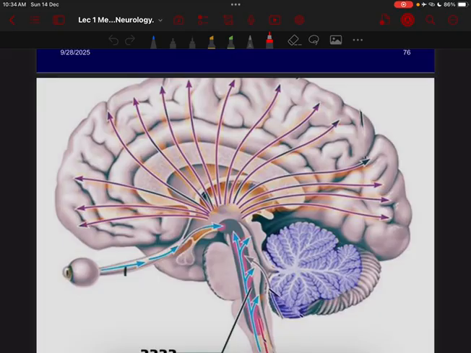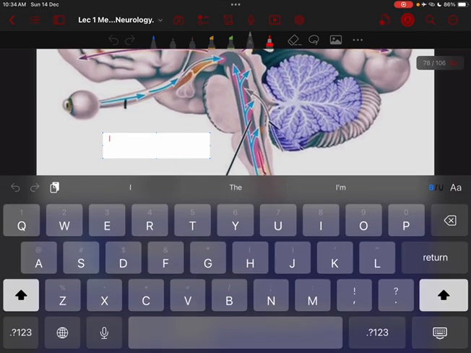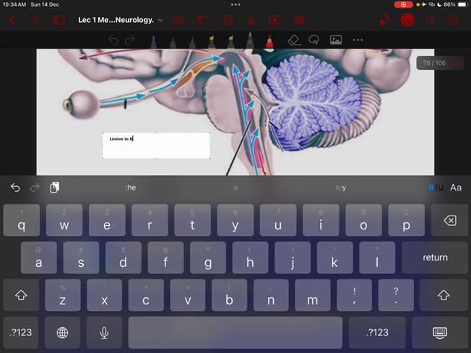This is physiological. Pathological, if we have a lesion in the brainstem, the RAS will stop and the patient will pass into coma. ولهذا يجي سؤال مثلا, why does a patient with a pontine lesion, brainstem lesion, pass into coma? ليش? This is because of damage to the reticular activating system.